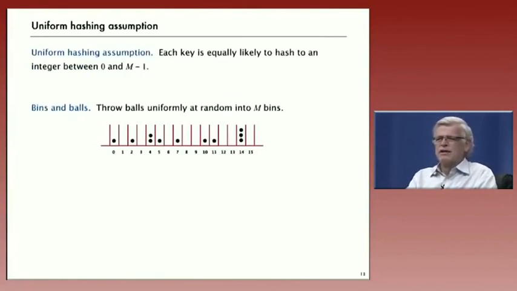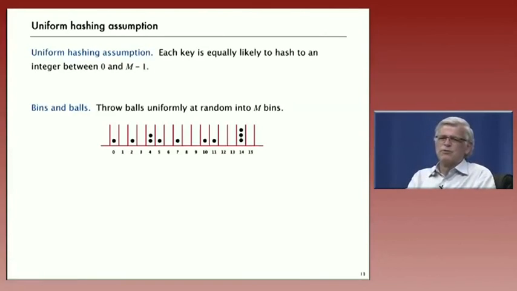So that's our assumption, that each key is equally likely to hash to an integer between 0 and m-1. And this assumption, again, with work, it's possible to come close to this. Lots of researchers have done good work to show this. So we'll assume that as a starting point.